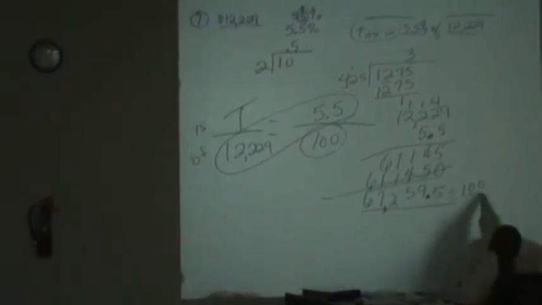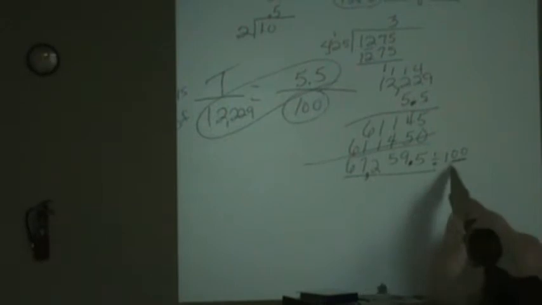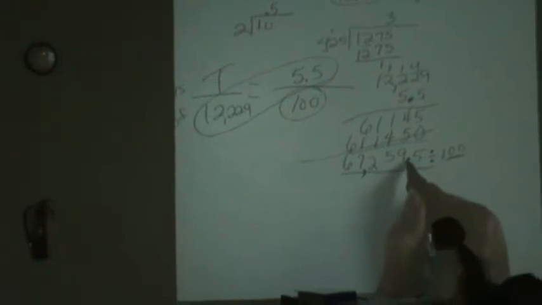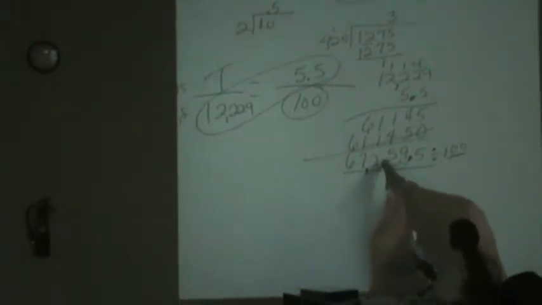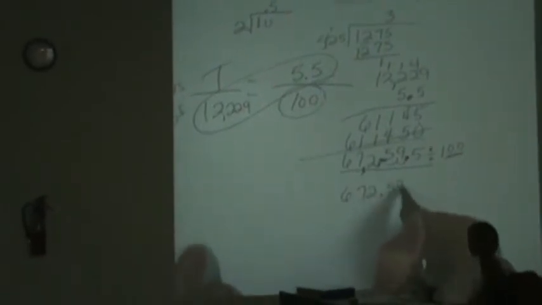Well, I'm doing it the other way. I did that multiplication, now we're going to divide by 100. 2 spots. Yeah, we're going to move our decimal back 2 times. 672,595.